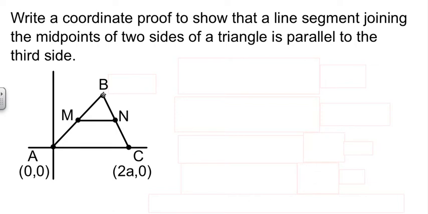Now, B, we have no way of knowing what either coordinate should be. So I'm going to call it 2B and 2C. Again, thinking ahead that I'm going to be dealing with midpoints, so I'm going to be dividing by 2. So I made everything have a factor of 2 so it'll reduce out easier.